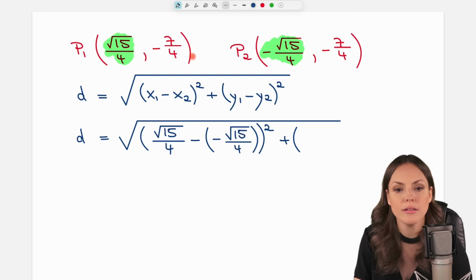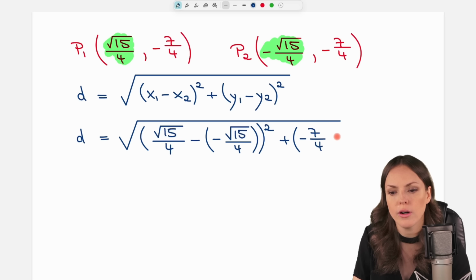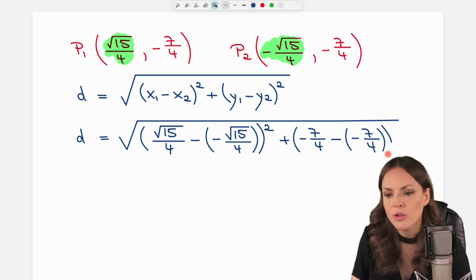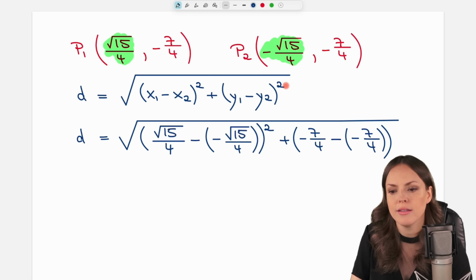My y1, so my y coordinate of my first point is negative 7 over 4. I have to make this a little longer. This is my first y coordinate, and then I have minus the y coordinate of my second point, which is negative again, so I have to write it in parentheses. I have negative 7 over 4 here, and don't forget to square this whole thing here as well.